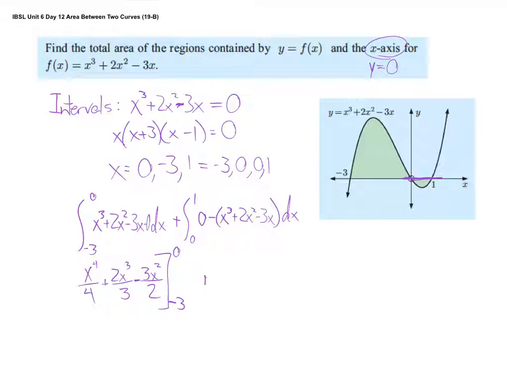And then we're going to add to that, we have this negative, so it's negative x to the 4th over 4 minus 2x cubed over 3 plus 3x squared over 2. And we're going to evaluate that from 0 to 1. So you'll notice here we have to do these two integrals separately, and then we're going to add the results together. So we're doing the fundamental theorem of calculus twice.